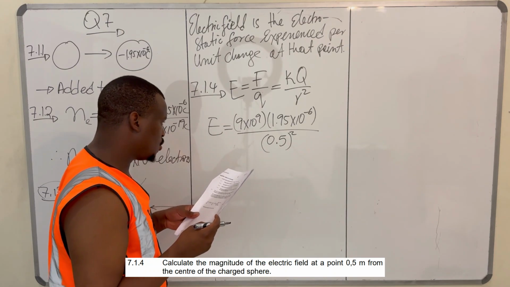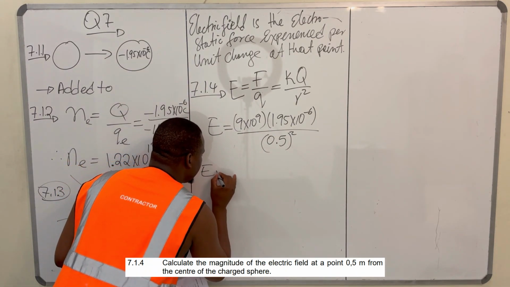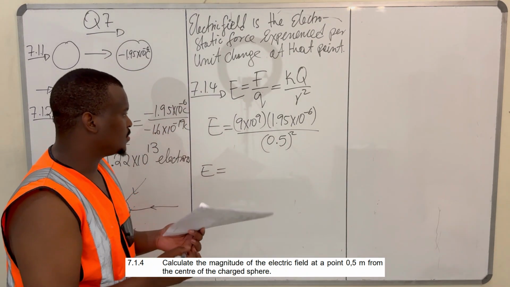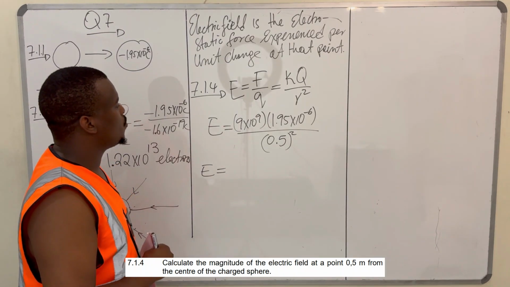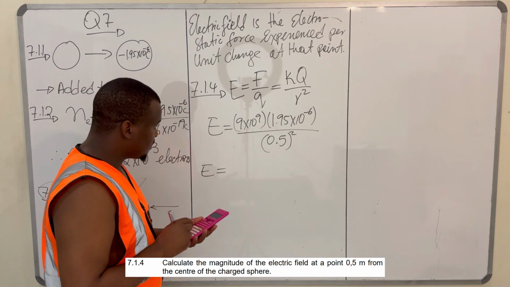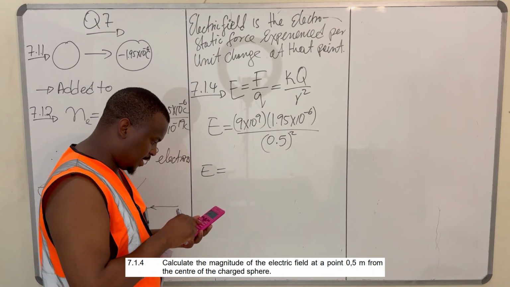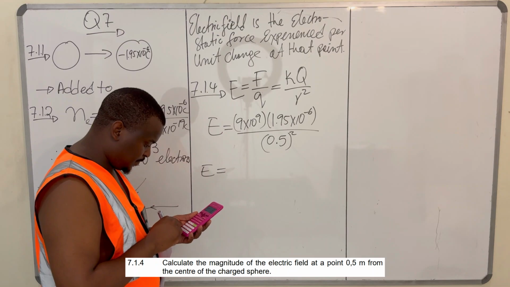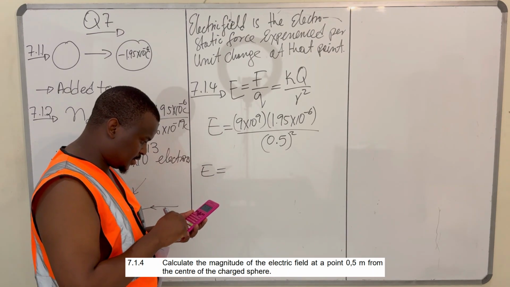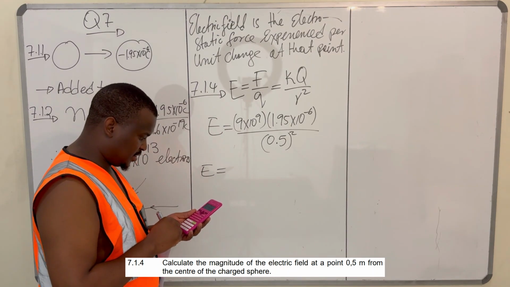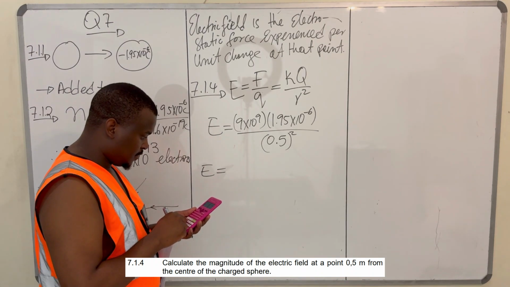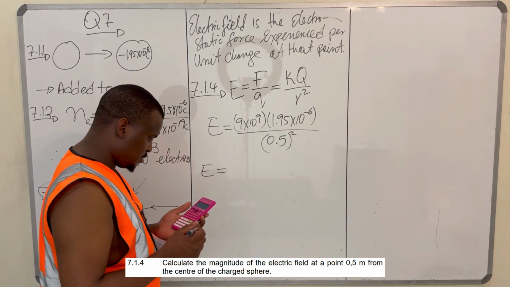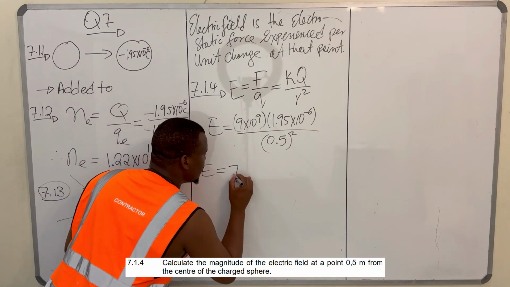So your electric field is equal to the answer to this. Let's punch that in and see what we get. 9 times 10 to the 9 times 1.95 times 10 to the power minus 6, divided by 0.5 all squared.